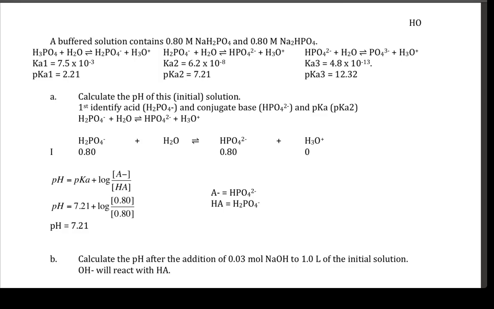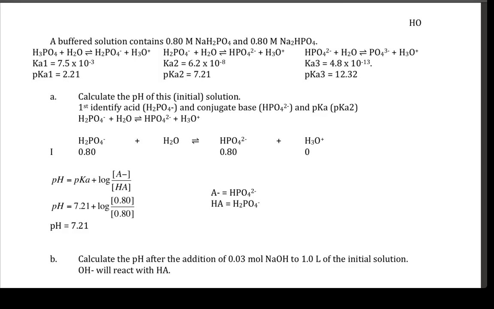Alrighty, so we have identified the reaction that's occurring, and since we have amounts of both the acid and its conjugate base, we can simply use the Henderson-Hasselbalch equation. So pH equals pKa plus the log of A minus over HA. pH equals 7.21 plus the log of 0.80 divided by 0.80, and we get the pH to be 7.21.